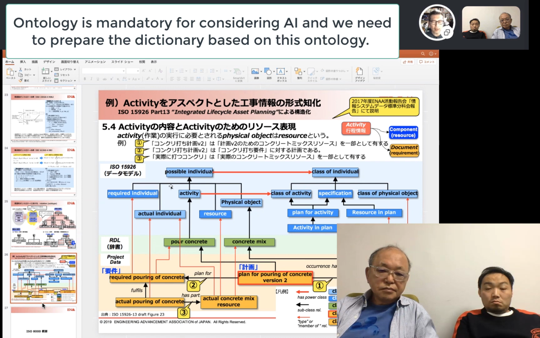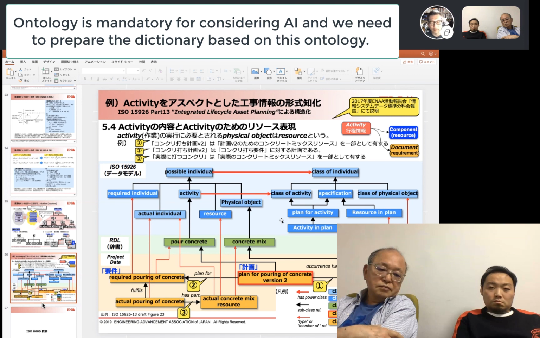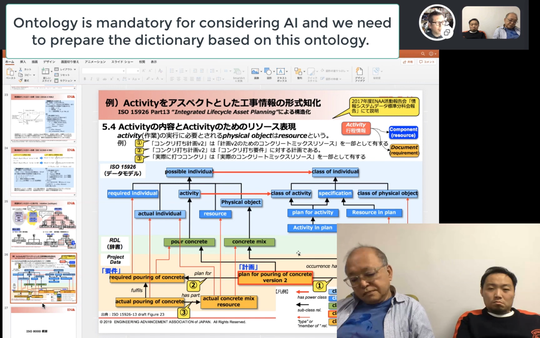So if we represent the information in such a way, then a computer can process it by using some sort of program. And specifically in the case of this, we are going to use the reasoning inferring engine.